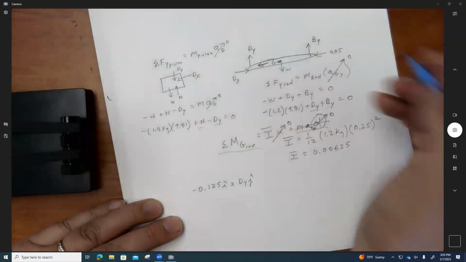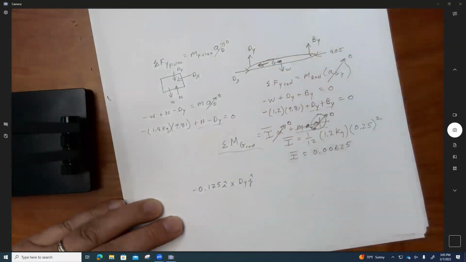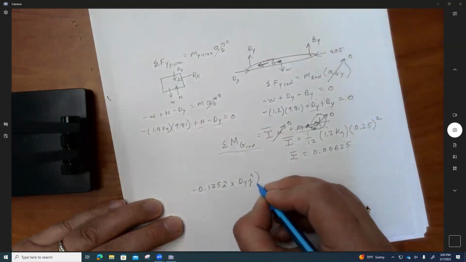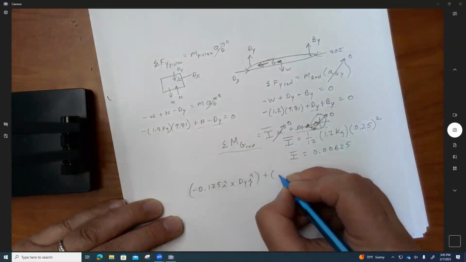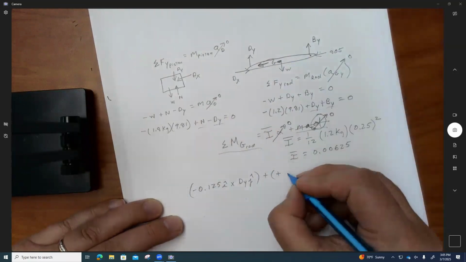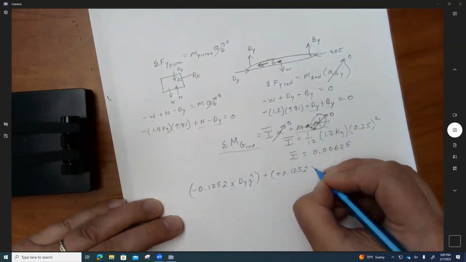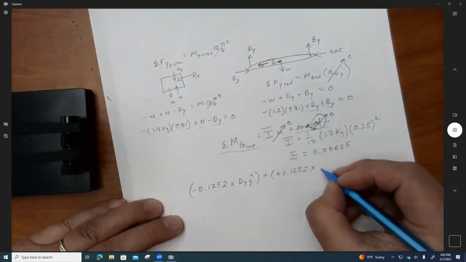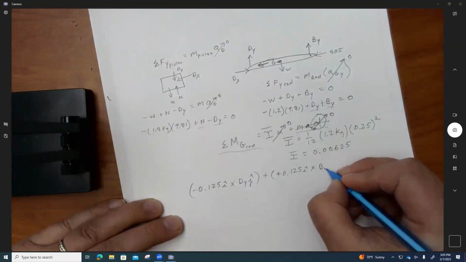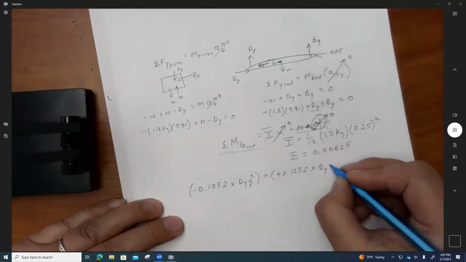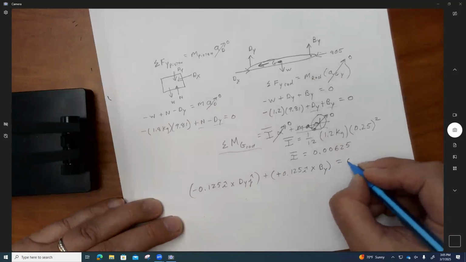And on the other side, we're going to have plus 0.125 in the i direction crossed with another plus By, going up in the y direction, equals 0.